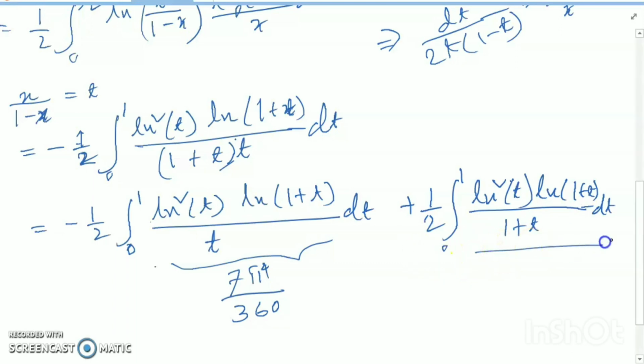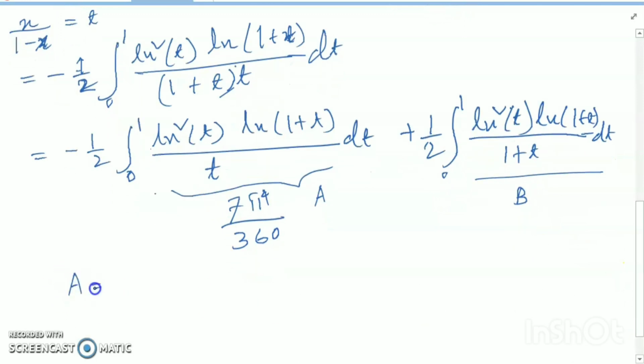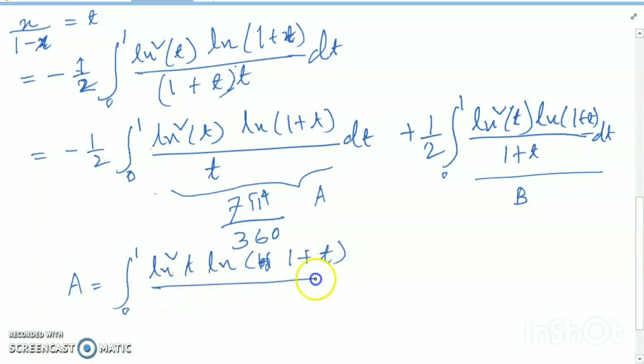I will also show all these values. So let's write it, it is A equal to the integral from 0 to 1 of ln square t ln(1 plus t) divided by t.